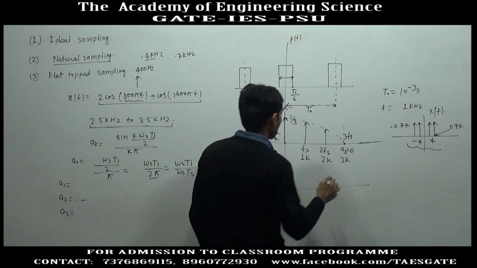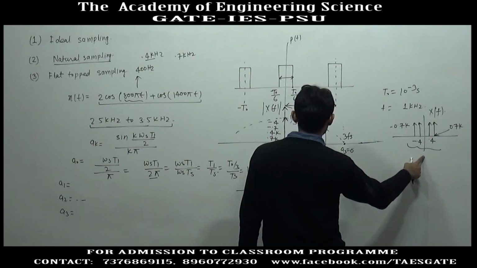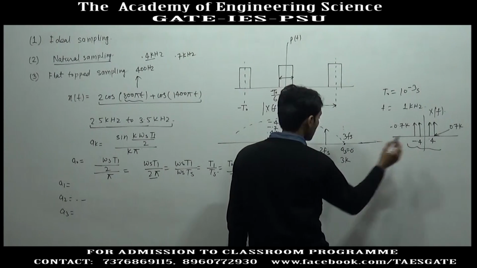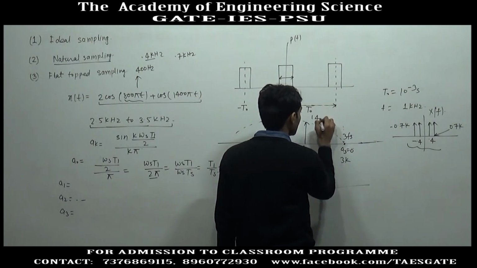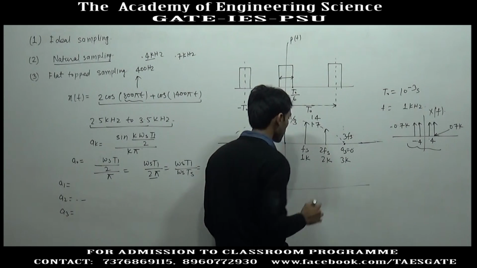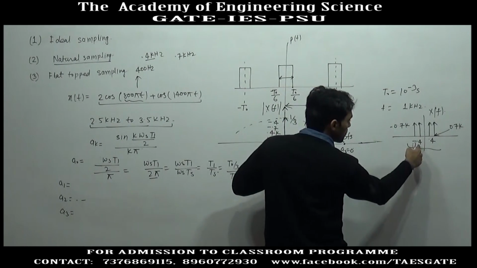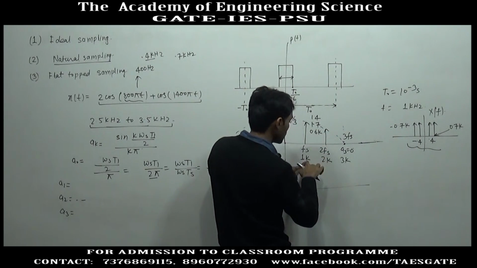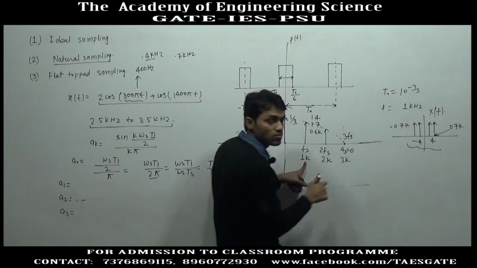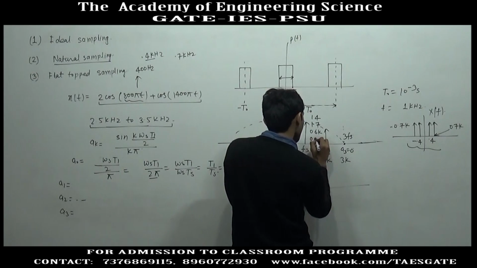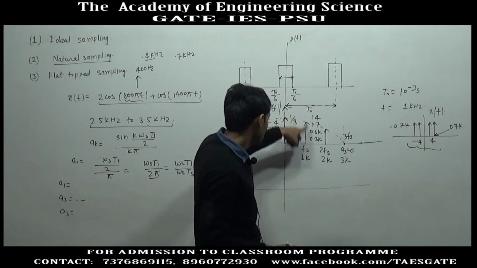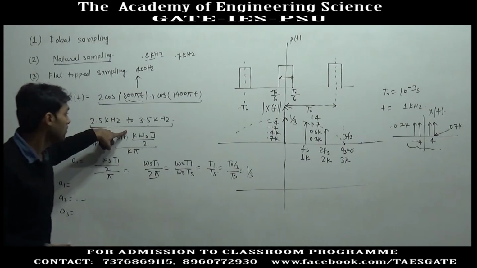When we take the convolution with the 1 kilohertz impulse, we get 1.4, 1.7, then with minus 0.4 we get 0.6 kHz, and with minus 0.7 we get 0.3 kHz. So these frequency components also do not lie in our range.